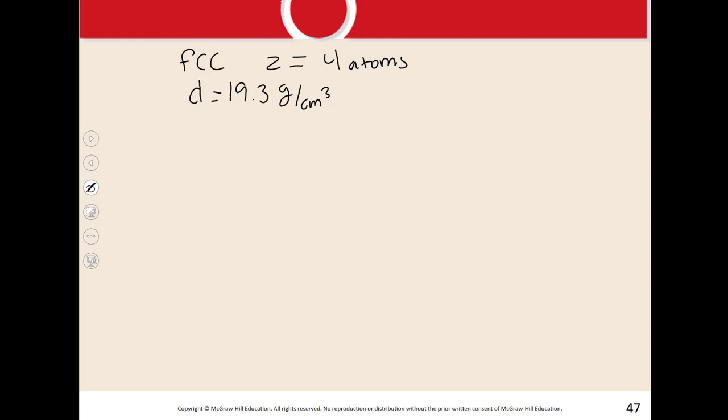It just rounded to 197. We'll just round to 197. Now, the symbol for molar mass is the curly uppercase M. Molar mass of gold is 197. What are the units for molar mass? Grams per mole. Good.